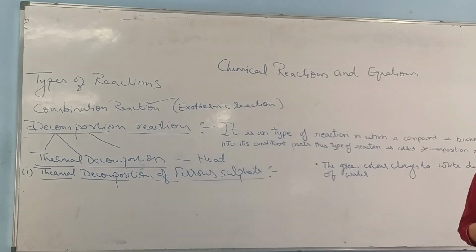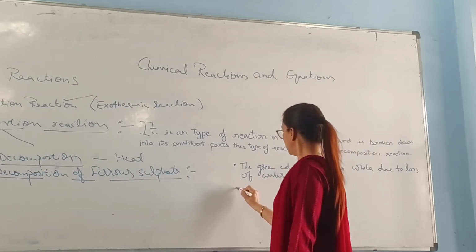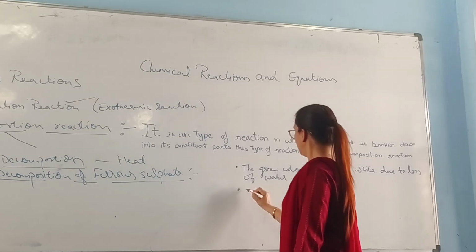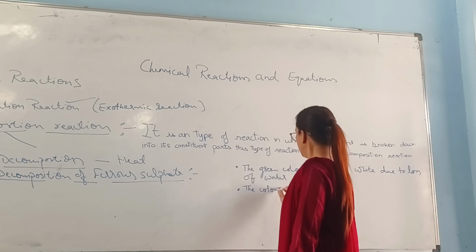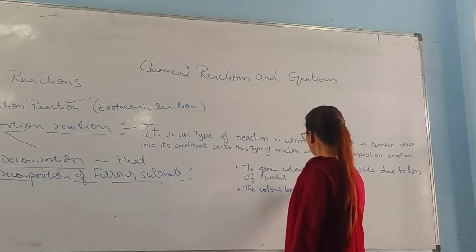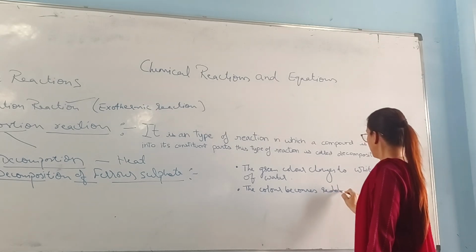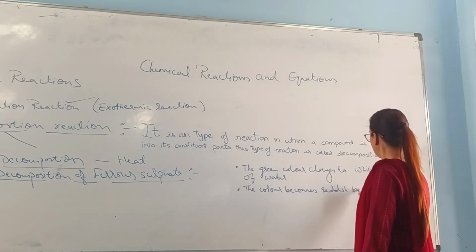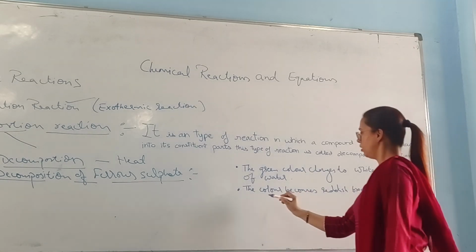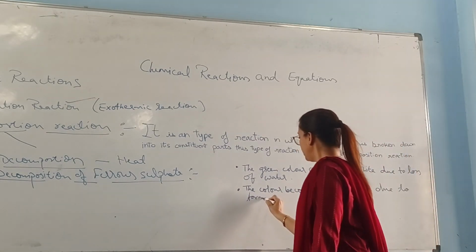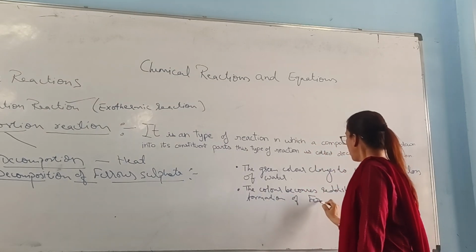When we heat it, first it gets converted to white, and then the color becomes reddish brown due to formation of ferric oxide.